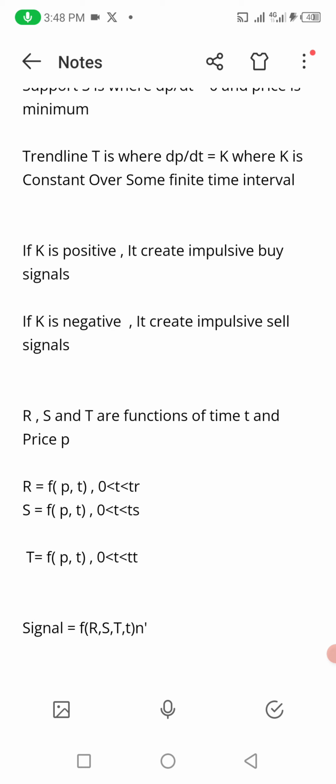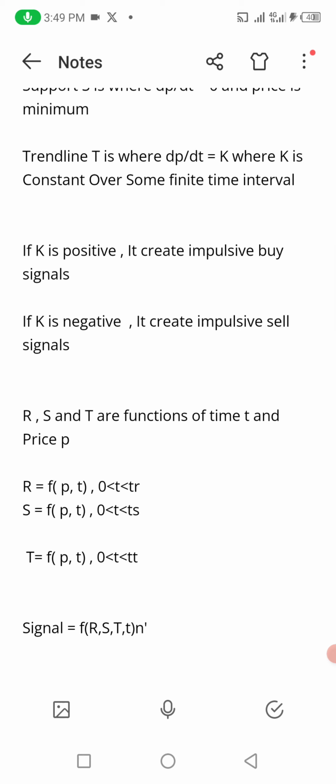So the resistance R is f of P comma T for 0 less than T less than TR, where TR is the final time of the resistance, the maximum time for which the resistance lasted.